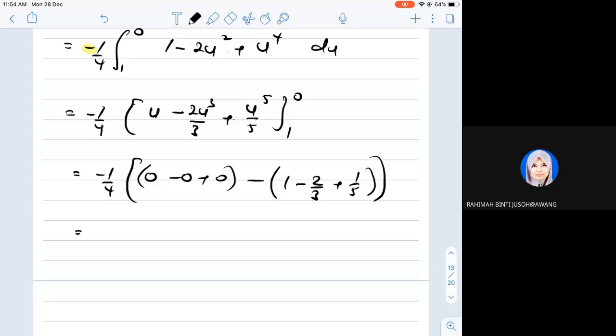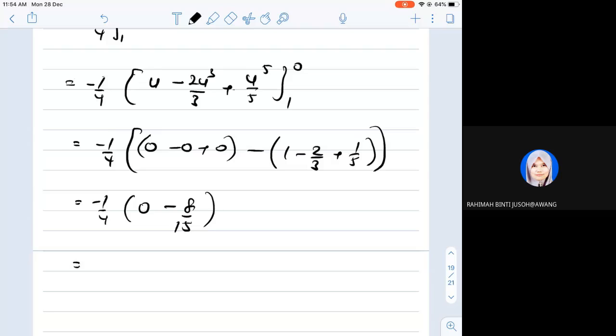So 1 over 4 multiplied by 1 minus 2 over 3 plus 1 over 5. We get 0 minus 8 over 15, so we will have 2 over 15.